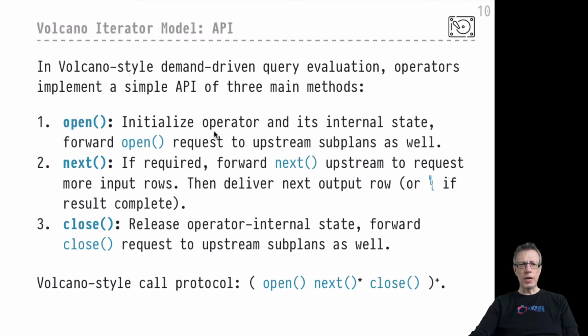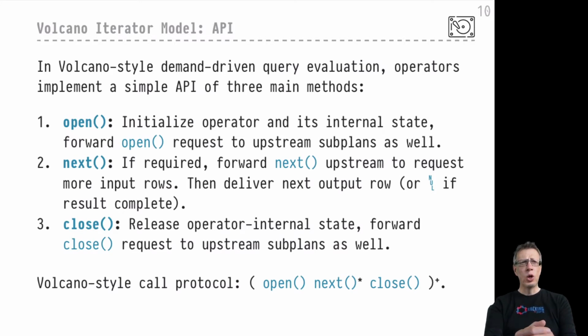So let's imagine that we are talking about a binary operator like a nested loop join. If the nested loop join operator receives the open request, it will of course set up itself, and we will see on the next slides how a nested loop join might prepare itself for evaluation, and then it will forward the open call into its left and right hand side join legs, so that these subplans indeed can also open and prepare themselves.